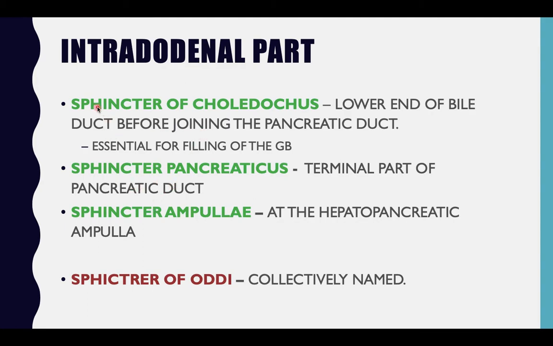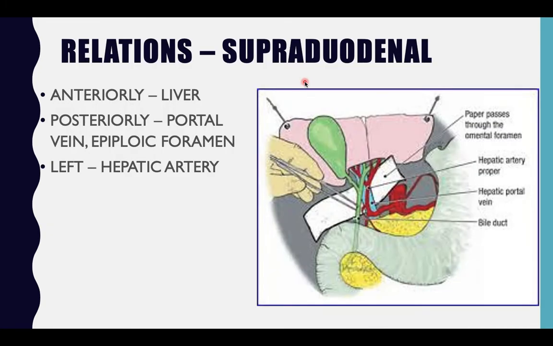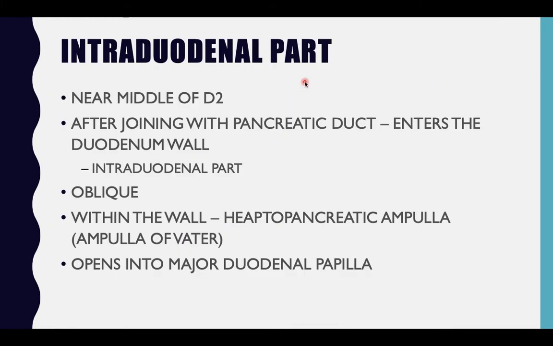So coming to the intraduodenal part or the intramural part. It is actually present near the middle of the second part of the duodenum. This part is studied after joining with the pancreatic duct when it enters the duodenum wall, so it's called the intraduodenal part.